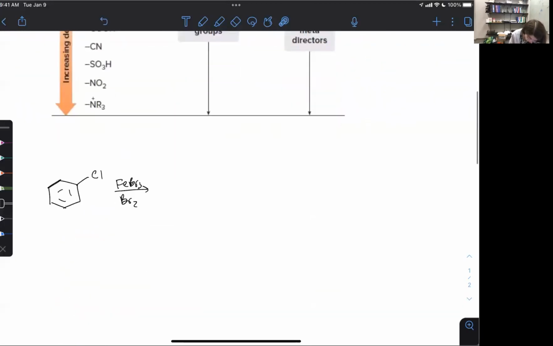If we look at why that is, the bromine is going to form a complex with the iron tribromide. Then we can attack that electrophile with our benzene ring.